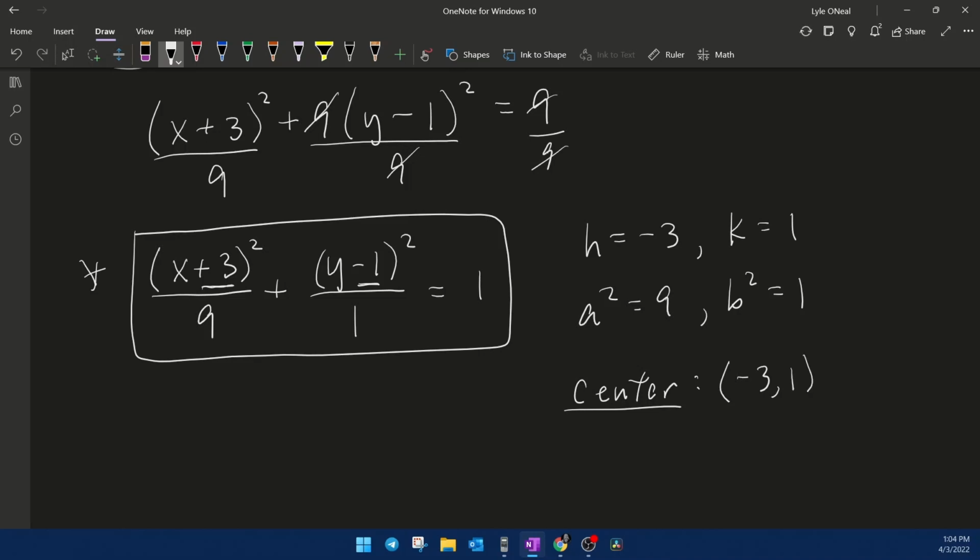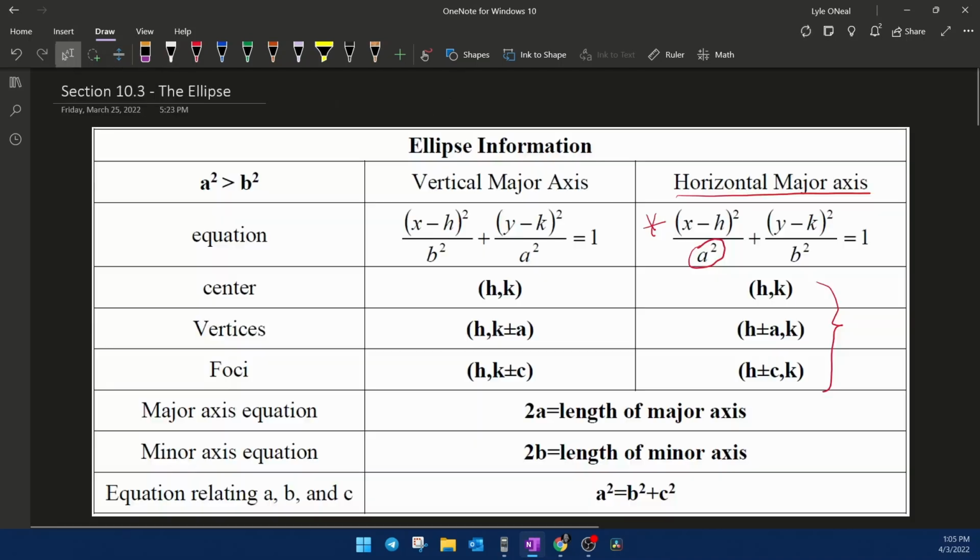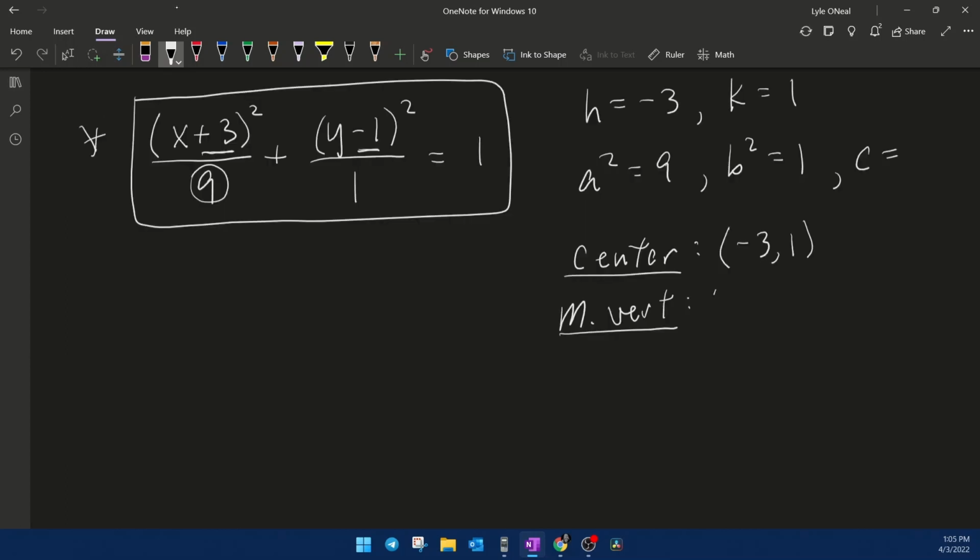The foci I can't get yet because I don't have the value for c, but I can get the major vertices. Remember, since the bigger number is under the x squared, that's going to indicate that we once again have a horizontal major axis, and then we're using the second column formulas. So our major vertices would be h plus or minus a comma k, which would give us negative 3 plus or minus a.